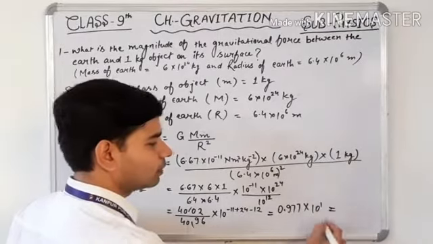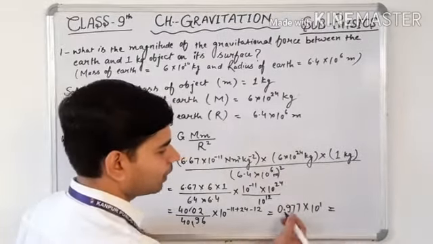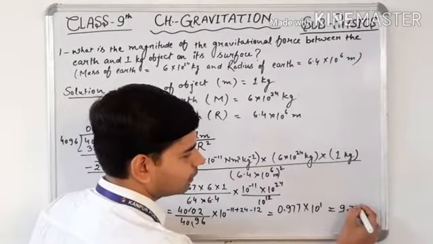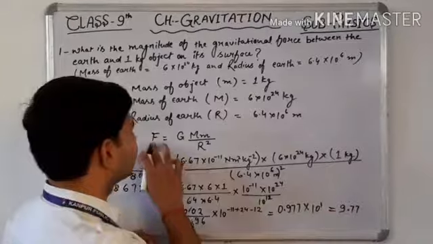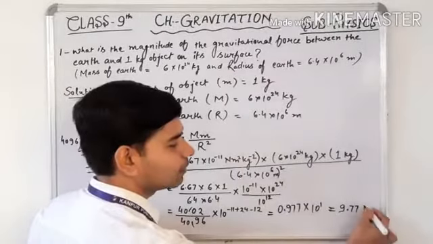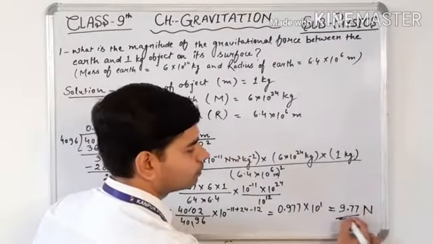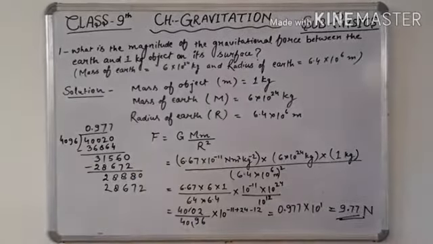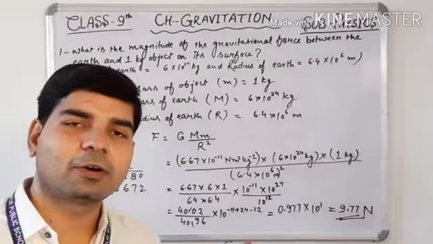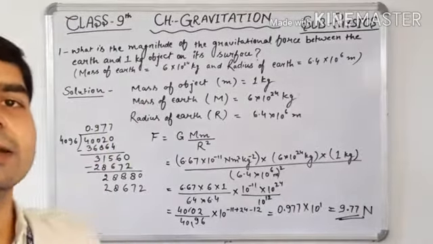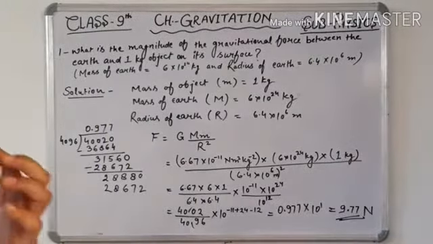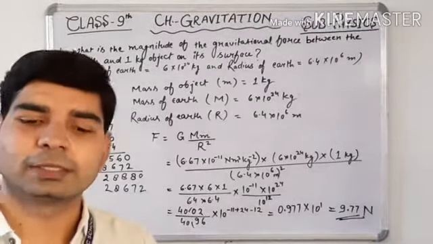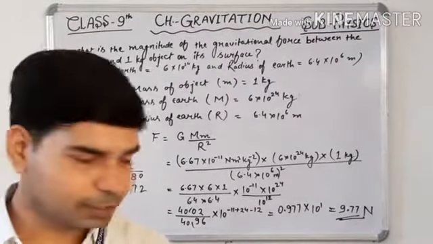Equal, multiply by 10, this will become 9.77, and this is a force, so its unit is Newton. In this way you have to solve the questions of gravitation and find the gravitational force between two objects. Now see some other questions.